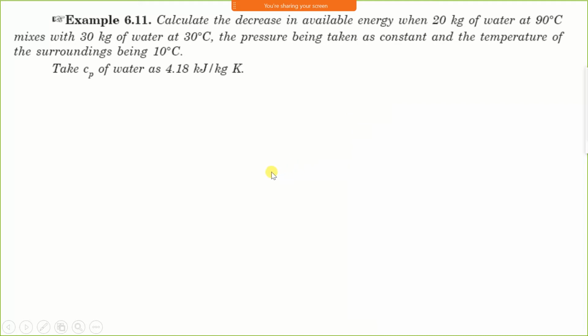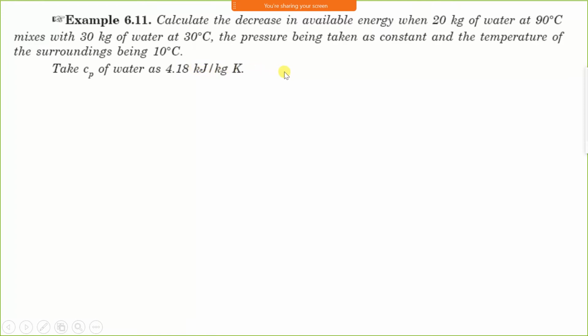Decrease in available energy, in the sense what? First of all, we have to consider the energy available with the hot water, means energy available with the water which is at 90 degrees Celsius. Second, we have to calculate the energy available with the water which is at 30 degrees Celsius.